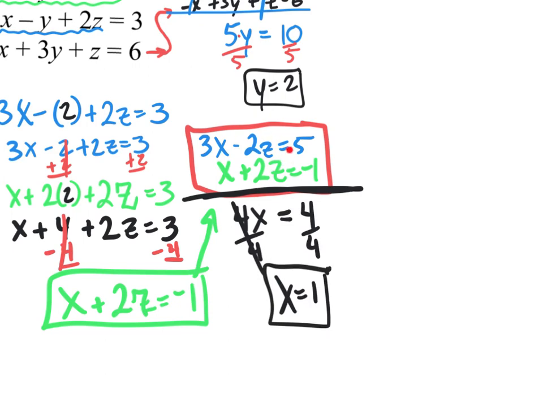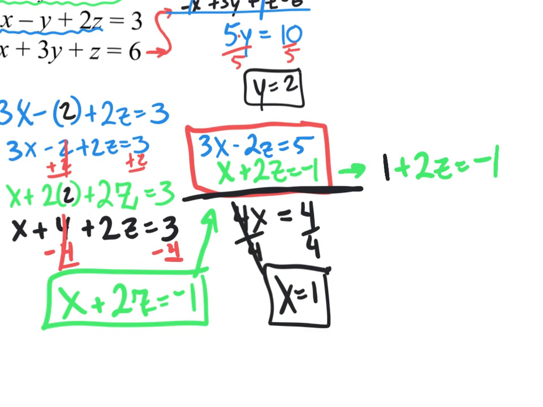And again, we're solving this 2 by 2 system, so plug the 1 back in here, either the top one or the bottom one. Either one is good. I'm going to go with the bottom one. So that green equation on the bottom, I'm going to rewrite it, but instead of x, I'm going to put the 1, plus 2z equals negative 1. So let's continue solving here.